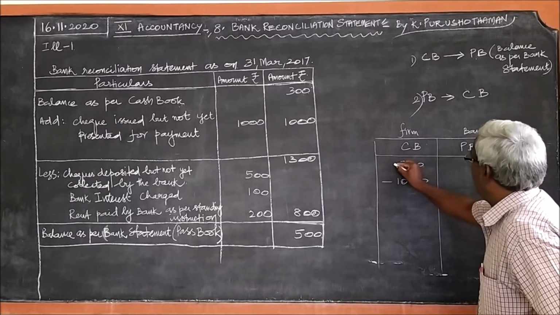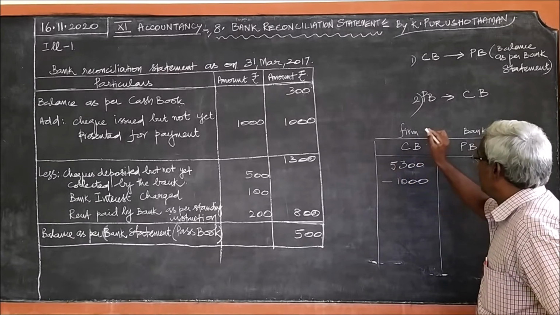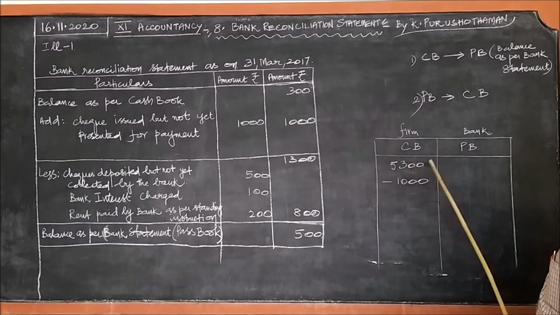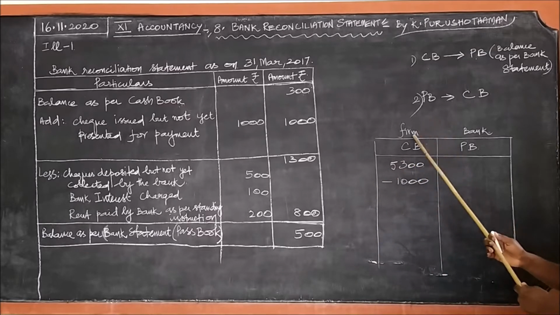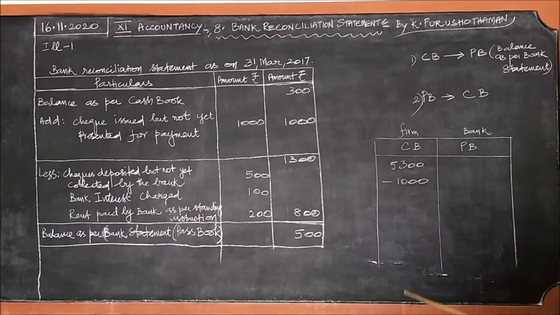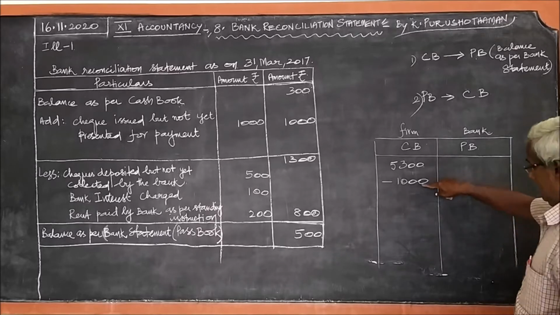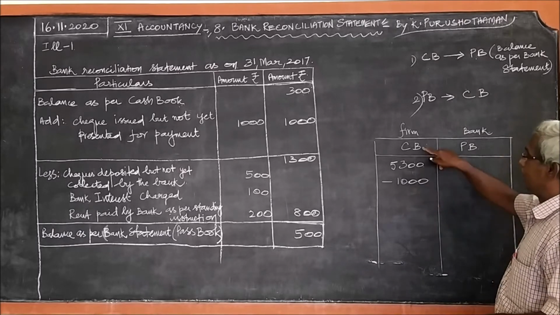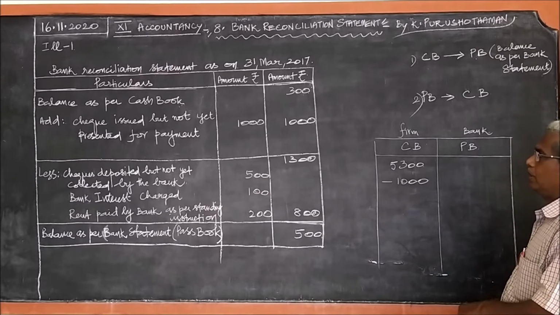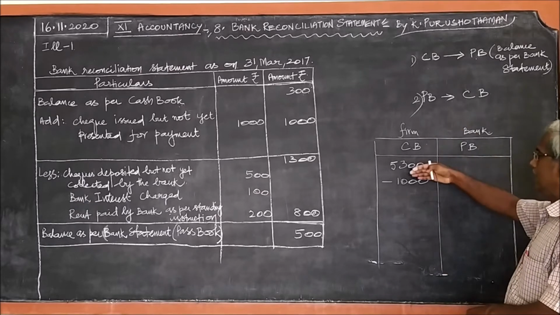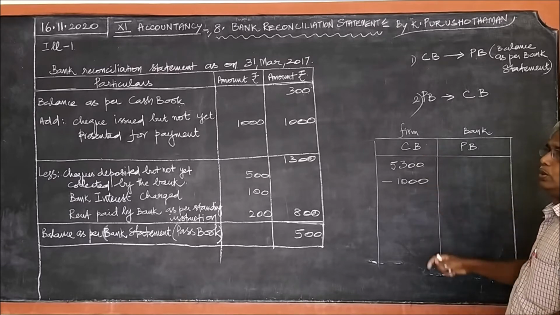Say, as for example, if you have some doubt, you take this as 5,300 cash book balance. So when a check is issued from the business, firm or business, what will happen? The cashier will reduce the balance in the cash book. He will pass the entry in the cash book, then automatically the balance will be reduced.